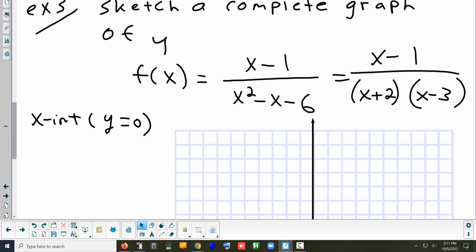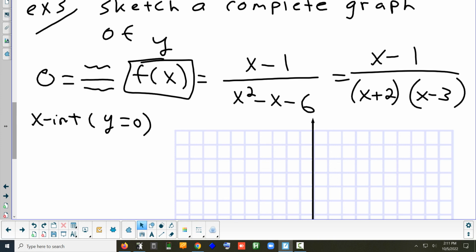Yes, this whole thing is y, a function of x. So pretend like you change that to 0. You would have 0 equals the rest of this fraction on the other side. What's the only way that a fraction can ever equal 0? What would have to happen for a fraction to equal 0?